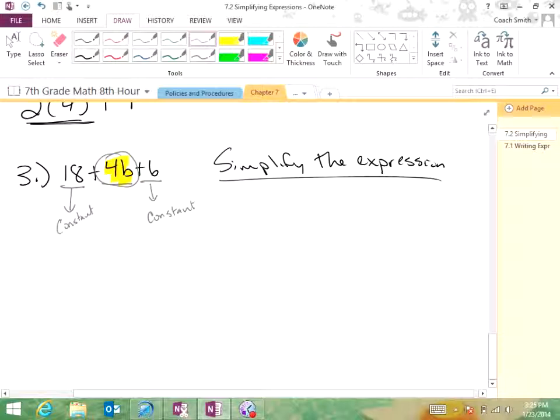Are constants the same? Yes, they are. They're numbers. Numbers can be added together. So therefore, I have 18 plus 6 plus 4b. So I have 18 plus 6 that I can put together. That makes 24. Plus 4b.